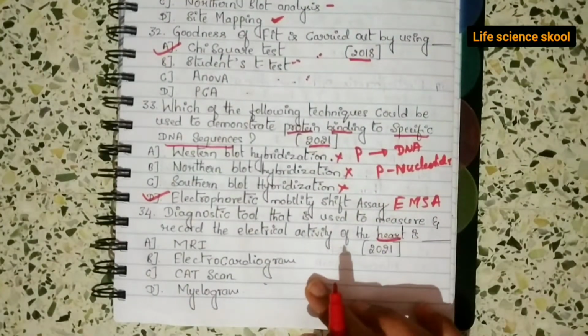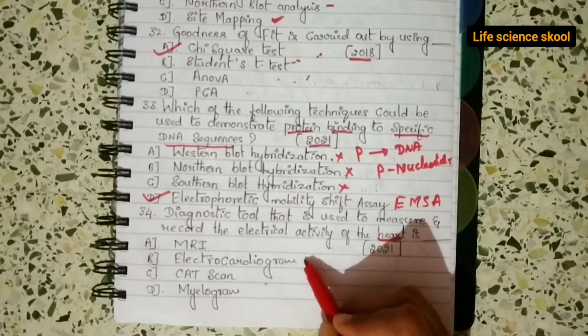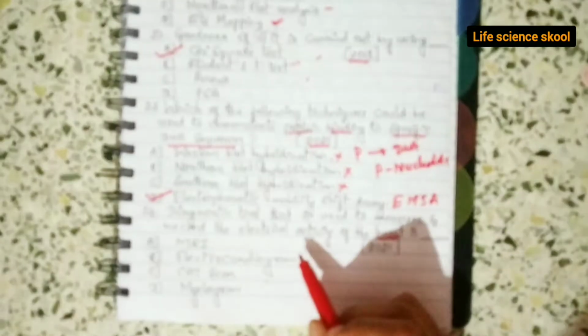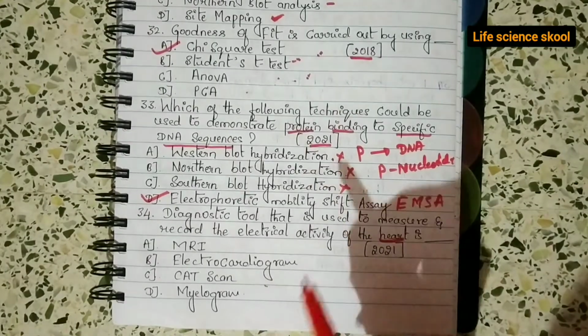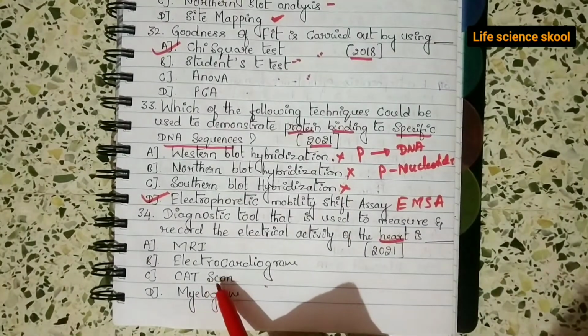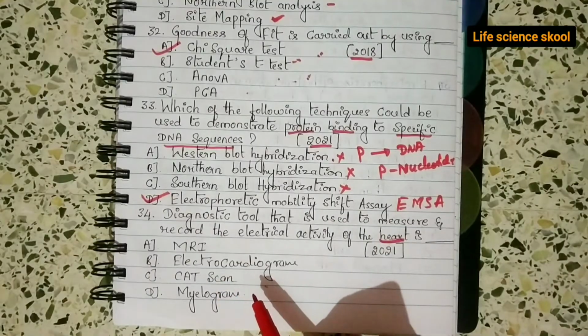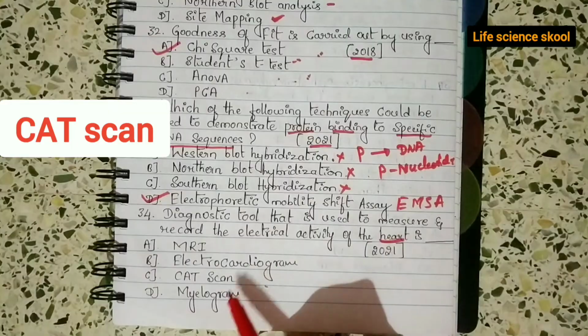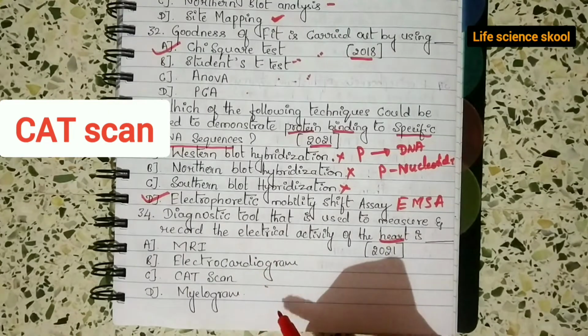I will come to option B later. Coming to the CT scan, it gives X-ray images of the internal organs which are injured.